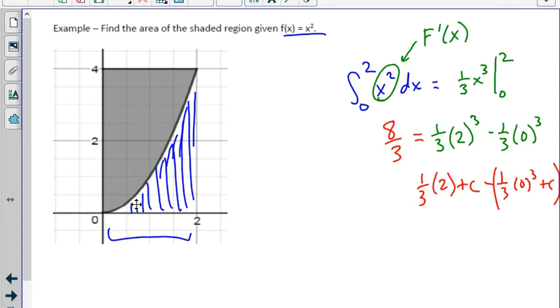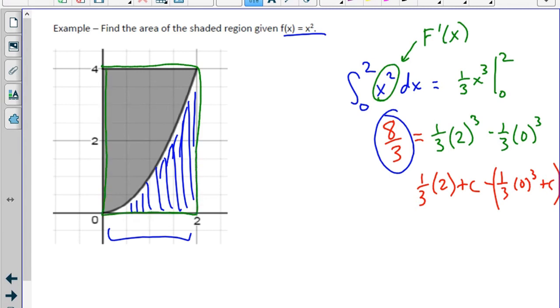That once again is not the answer to this question. This 8/3 represents the blue shaded area. So in order to find the actual shaded area, I have to figure out the area of the rectangle. The area of this entire rectangle is 8.